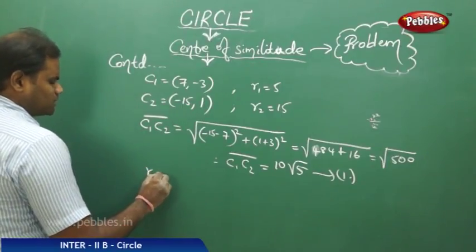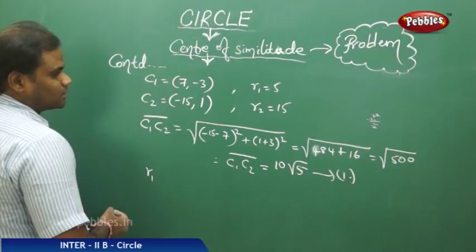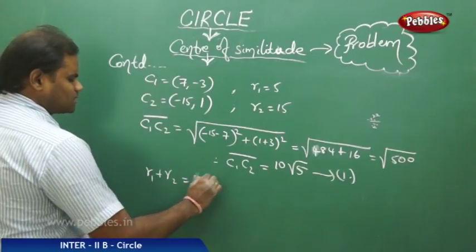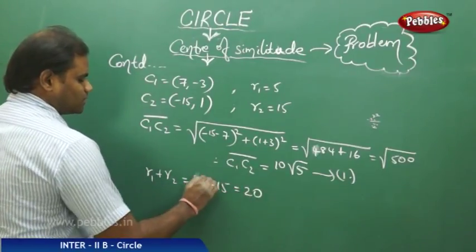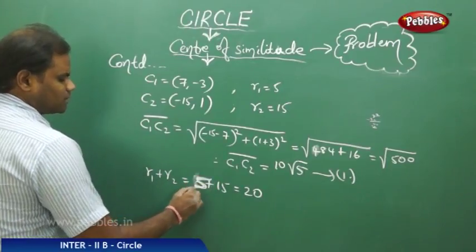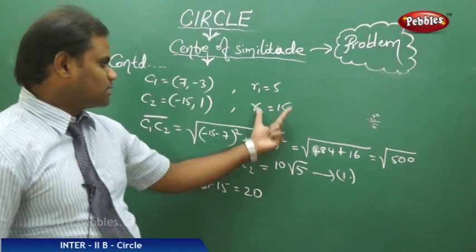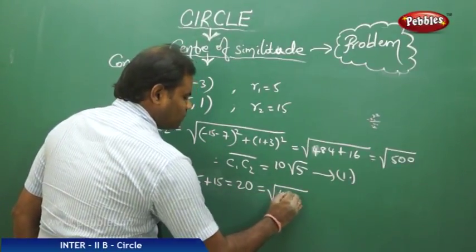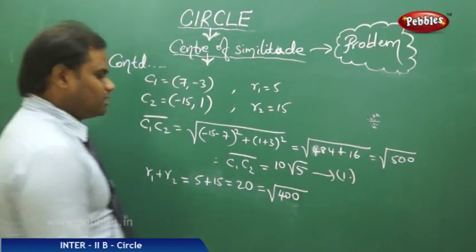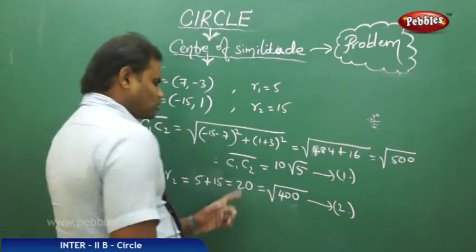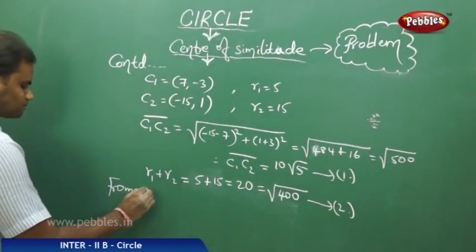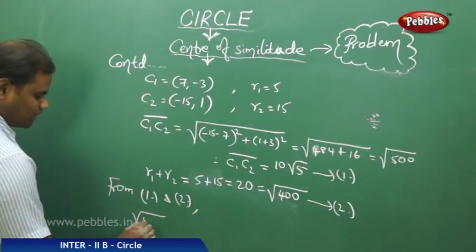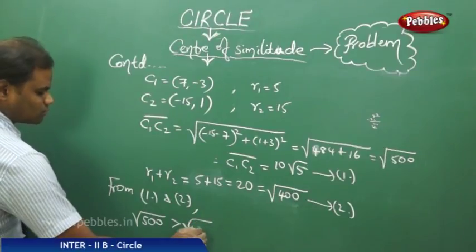And my R1, which is 5, and R2, which is 15, give me R1 plus R2, which is 5 plus 15, which is 20, which in turn is equal to root of 400. So clearly, from 1 and 2, I see that root 500 is greater than root 400.